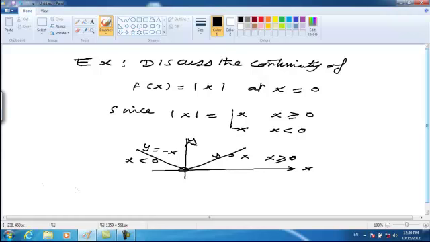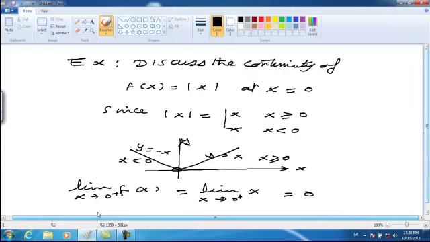Limit f of x as x tends to 0 plus equals limit x as x tends to 0 plus equals 0.